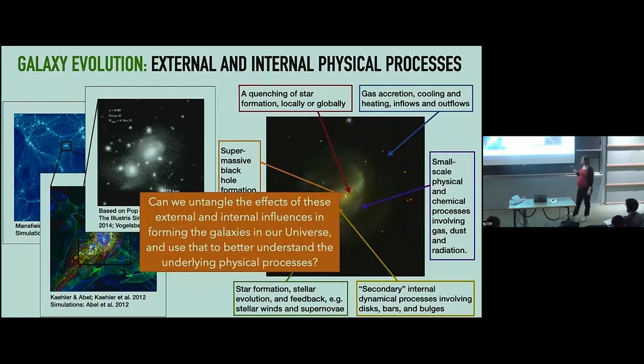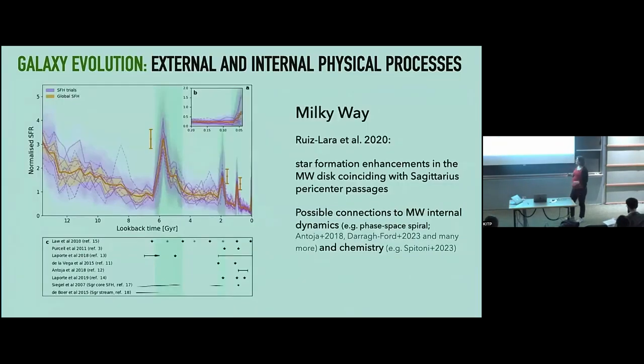And so my question is, can we disentangle all these different physical effects and learn from what we see of galaxies to actually get to the underlying processes? Here I've set it as different external and internal physical effects, but of course these are connected. To give you two very close by examples, this is a recent work on the star formation history for the Milky Way.